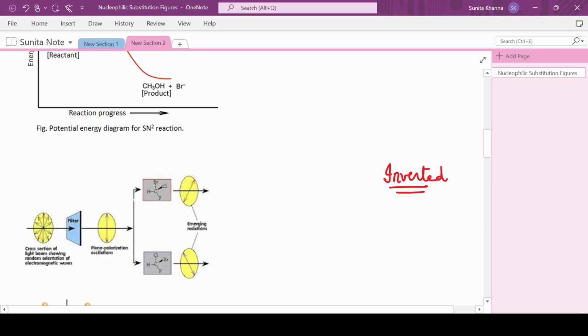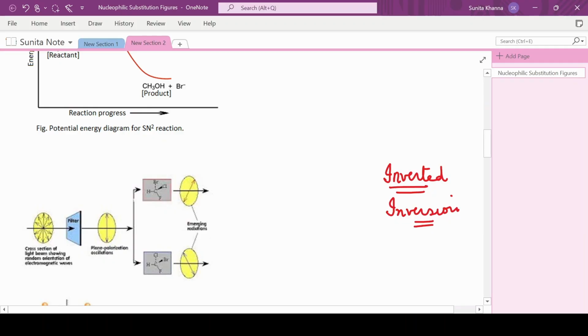This phenomenon is known as inversion. Inversion means the site of the leaving nucleophile and the site of attachment of the attacking nucleophile are different, it is inverted. Now if we go to the stereochemical aspect, we have to understand a few terms.